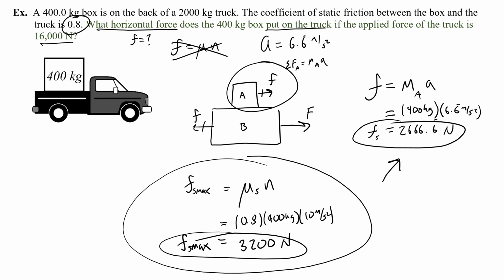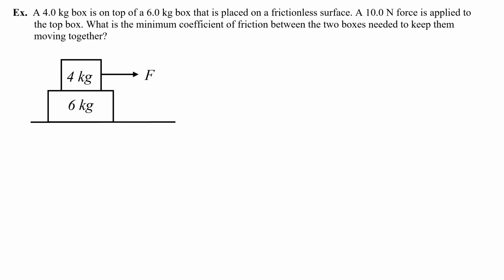So you could have calculated the maximum, but that would have been the wrong idea. Instead, in this problem, you want to consider what the acceleration is, and multiply that by the mass of the block. That is the answer to the problem, and it happens to be that this is the static force of friction, and it's less than the maximum.